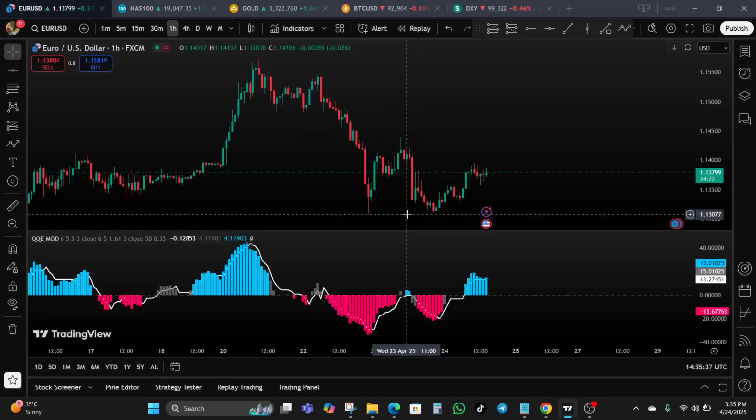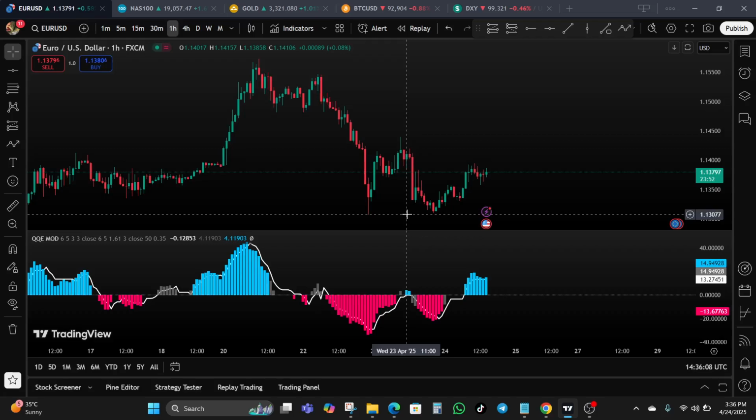Now, it is always important to combine for confluence. Each of these indicators that we discussed in this video is strong alone, but they are even better together. You can pair your Fibonacci levels with your exponential moving averages, maybe watch the RSI levels, and then use visual confirmations from the trend meter or the QQE MOD. So that's how you build confluence and enter only when everything aligns.